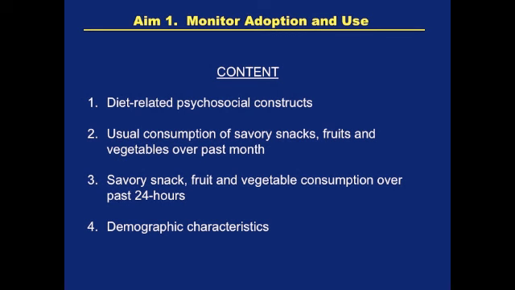So the content, for the first aim, the things we measured were diet-related psychosocial constructs. Those are things like, how important do you think diet is to health? Do you think it's important to follow a low-fat diet? Do you think about nutrition when you select foods? Then we got usual consumption of snacks, fruits, and vegetables over the past month.